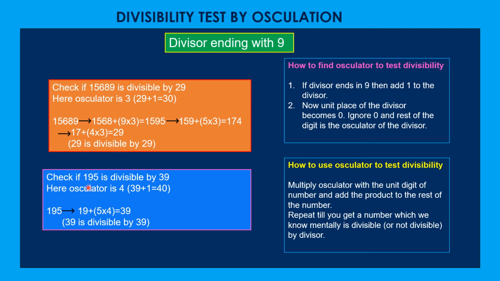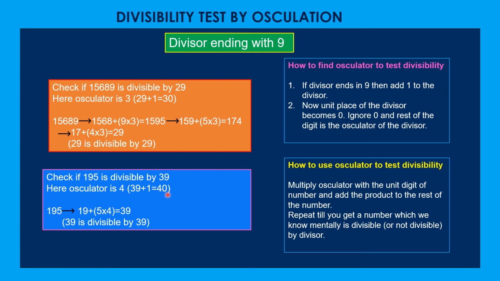One more example. Check if 195 is divisible by 39. So here your divisor is 39, which ends with 9. So if the divisor ends with 9, then add 1 to the divisor and it becomes 40. So the unit place of the divisor is 0.